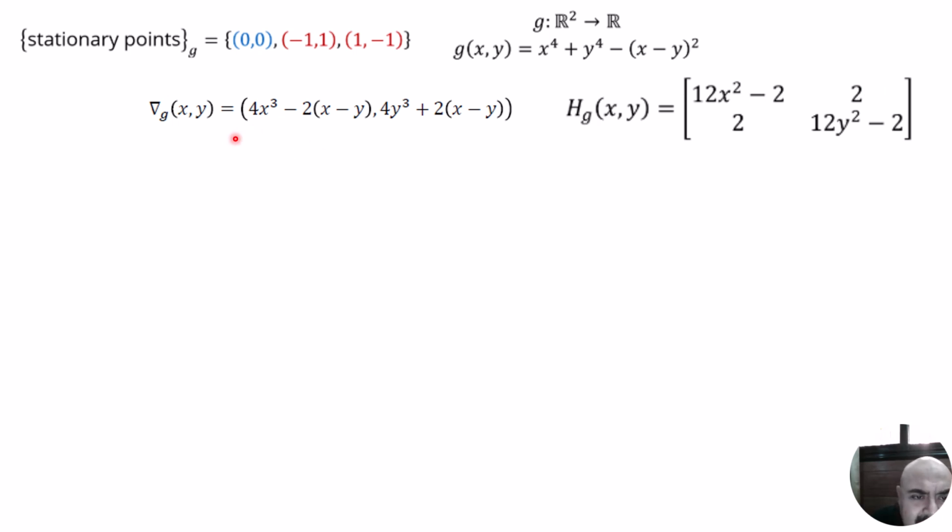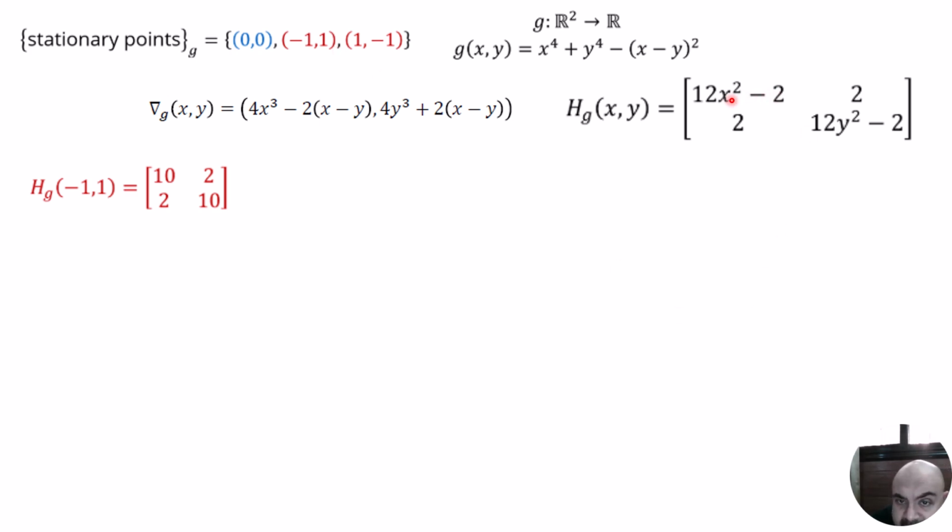And for the mixed derivative with respect to x and y, it will give just 2. The same way for the second component, which will give us the mixed derivative and the second partial derivative with respect to y, as you can see. Now, for the time being, I will start substituting the critical point. Let's keep this away, and let's start with negative 1 and positive 1.